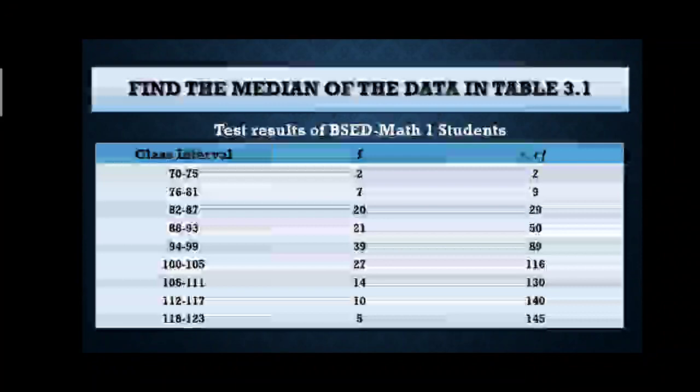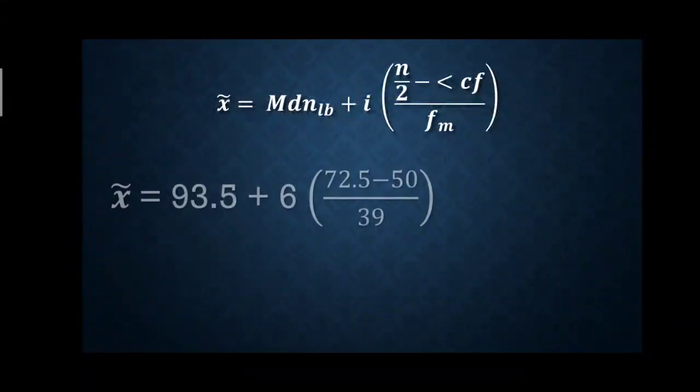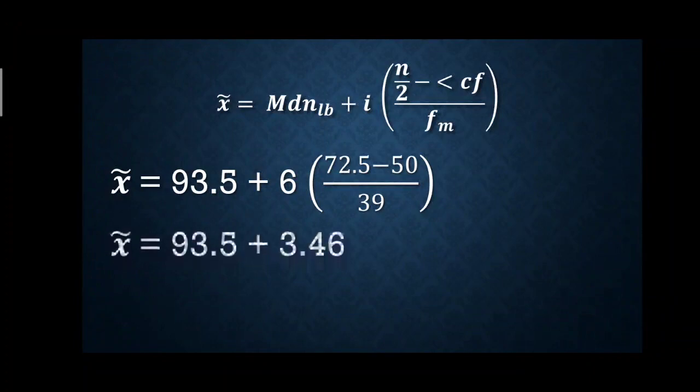Since 72.5 is nearest to 89, 89 is our middle class. So 39 is the frequency, that's why we have 39. Then solve. 93.5 plus 6 times 72.5 minus 50 divided by 39, we have 3.46. Then our median is 96.96.